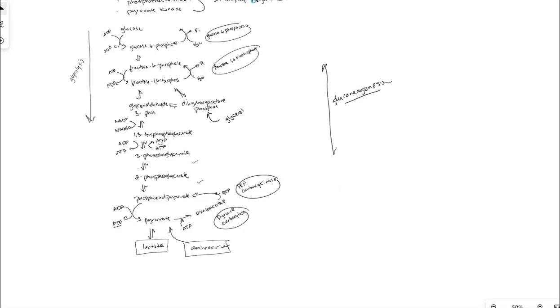Gluconeogenesis goes the other direction from pyruvate back to glucose, but substitutes for the three highly regulated steps here and here and here with four new unique steps. So we're going to spend a little bit of energy going through a little more detail on what each of those unique steps are.